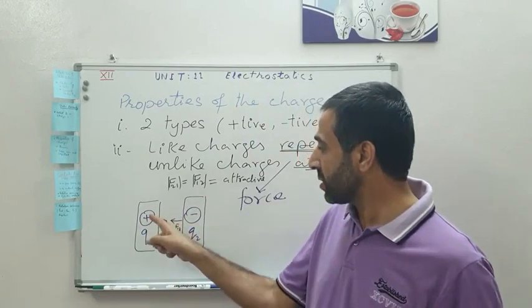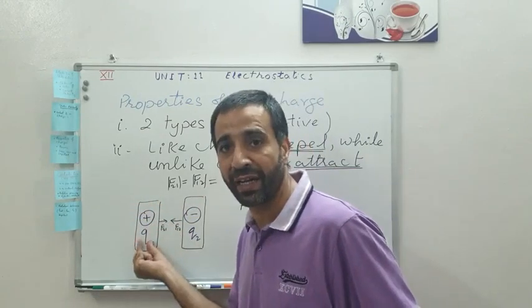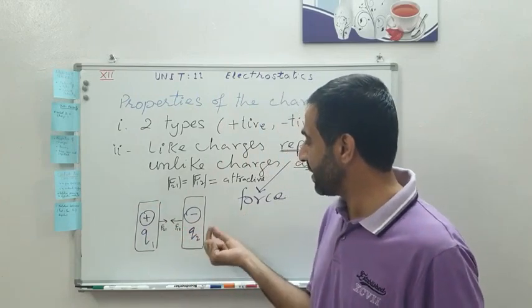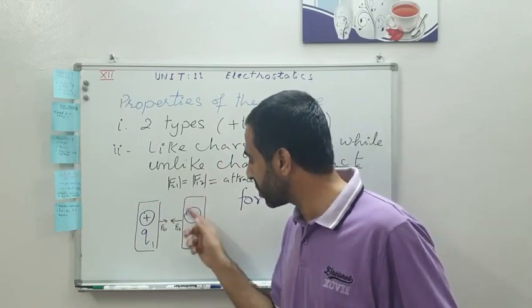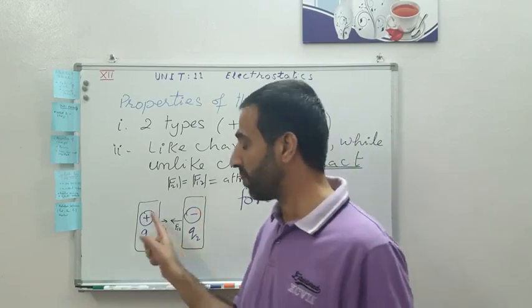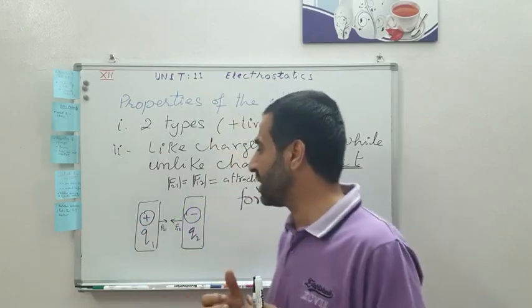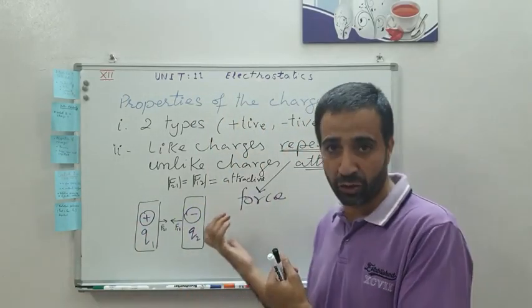For example, a positively charged body has an electric field around it, and similarly, there is an electric field around this body also, due to the negative charge on them, and here due to the positive charge on them. So when these two fields interact with each other, they give rise to the electrostatic force.